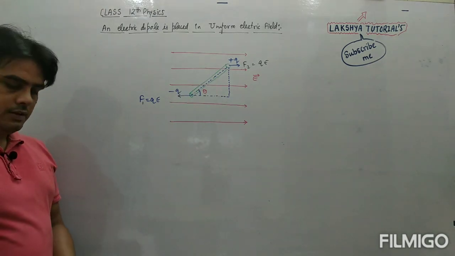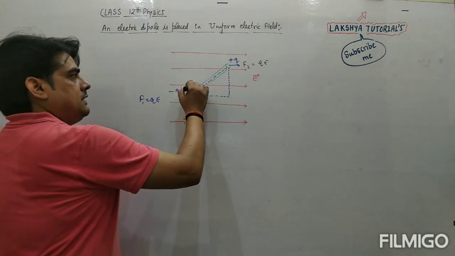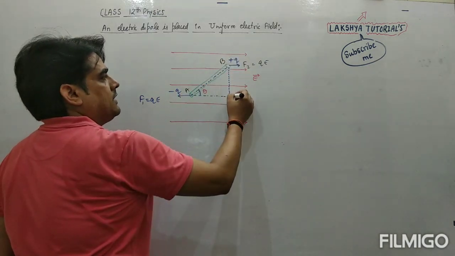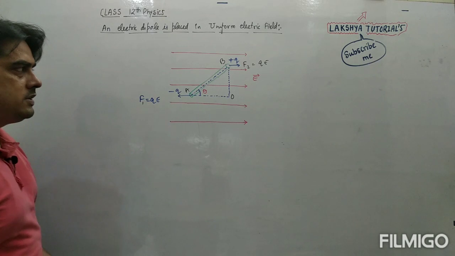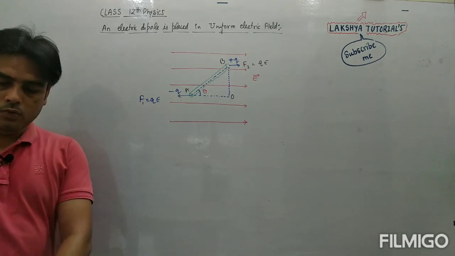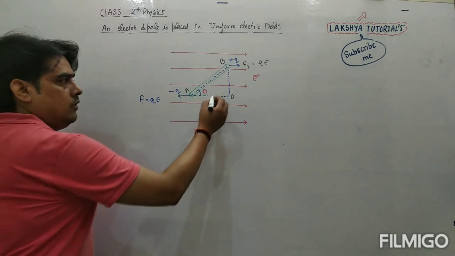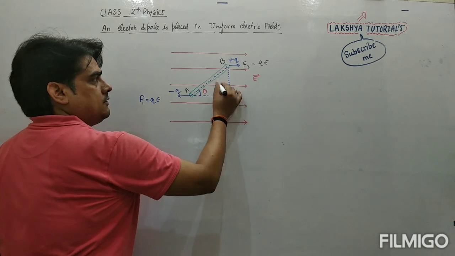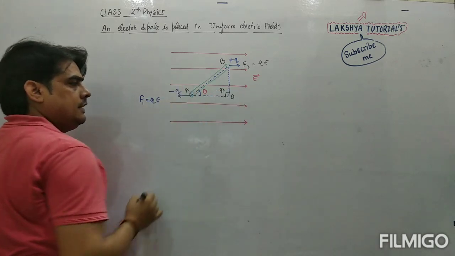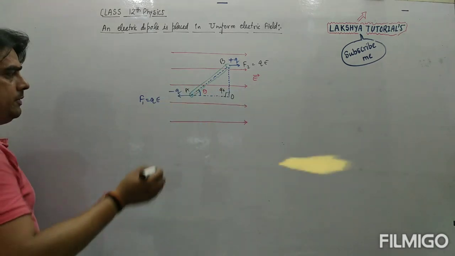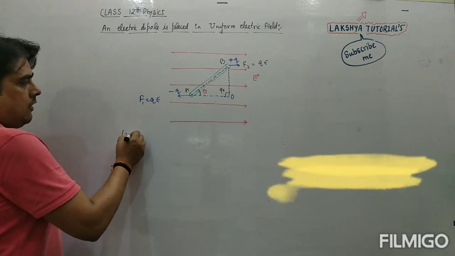Let us consider that this is A and this is B and this is O. This is A, B and O. And you know this angle is 90 degrees. So we start writing the theory.